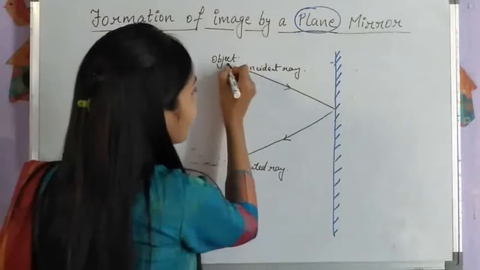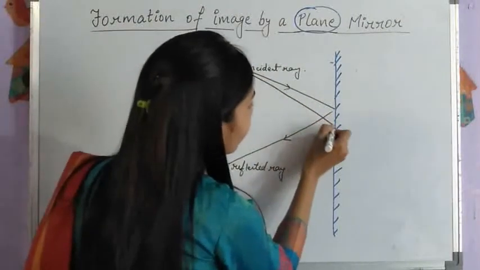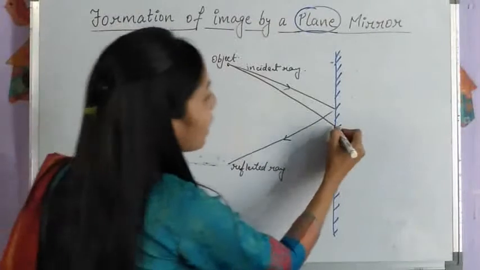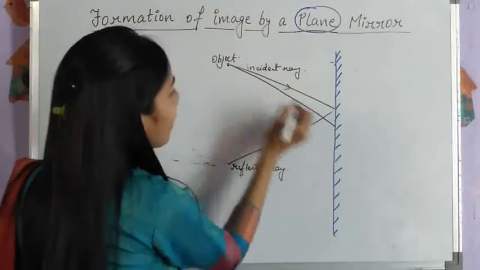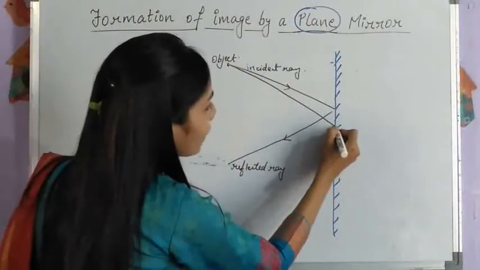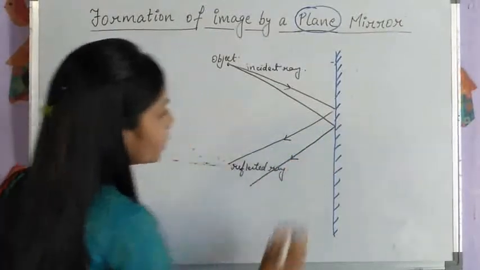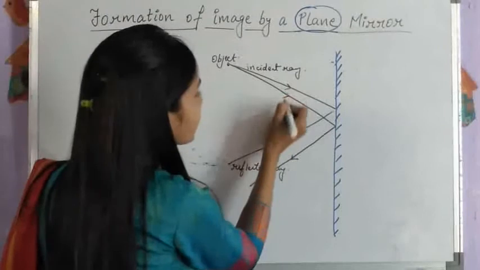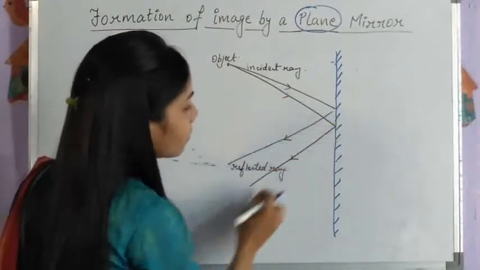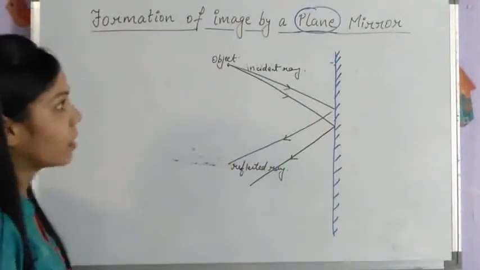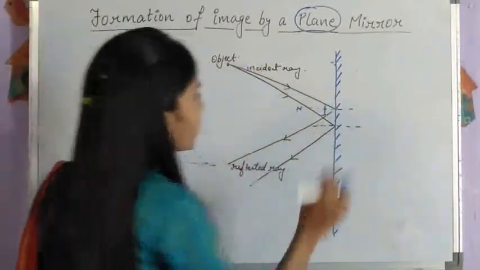Let us consider another light ray which is incident at this particular point, and this light ray will again reflect back along this direction, such that this is our second incident ray and this is our second reflected ray. Let us name them.